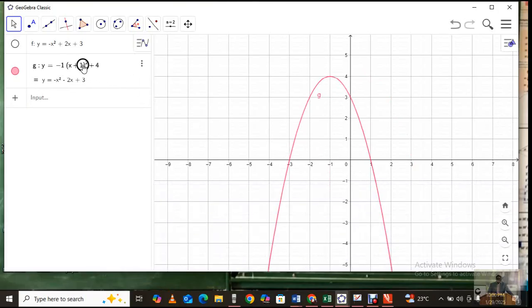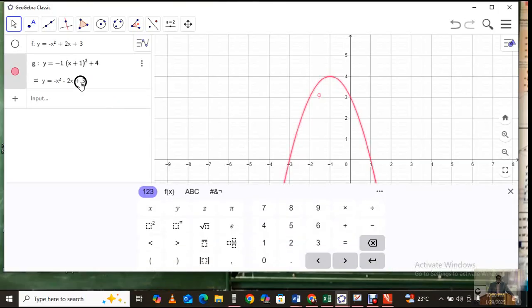Okay, so if this is positive inside, the graph will go to the left. If this is negative, the graph will go to the right. Okay, that is very important. So the stuff here inside gives you the horizontal translation. Right? And this number here gives the up or down.